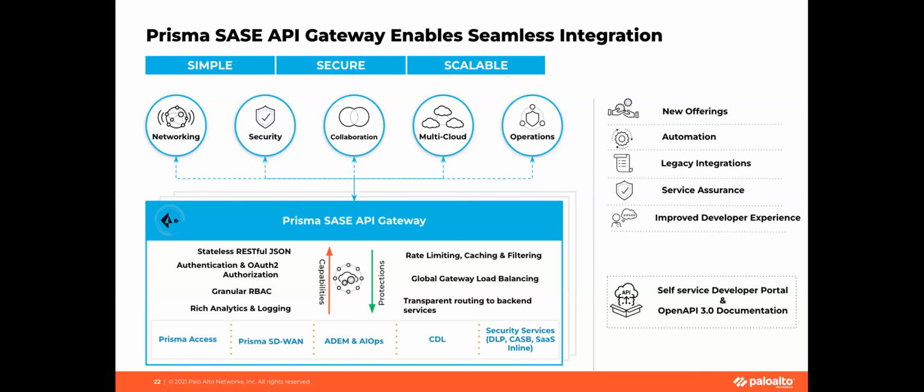To facilitate easy adoption and usage, we provide a self-service developer portal that offers a rich documentation of open APIs across all our components. This portal empowers developers with the resources that they need to effectively utilize and integrate our services into their solutions.